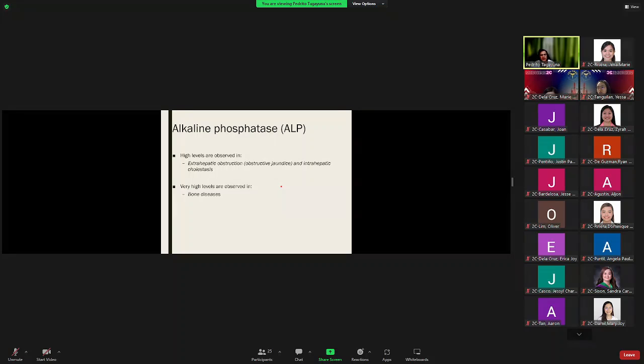Alkaline phosphatase can be very high in bone diseases, but high levels of it can be an indication of extrahepatic obstruction and intrahepatic cholestasis. Your gamma glutamate transferase, this is used in the synthesis of glutathione, but it is elevated in biliary obstruction because they are found in the bile canaliculi.